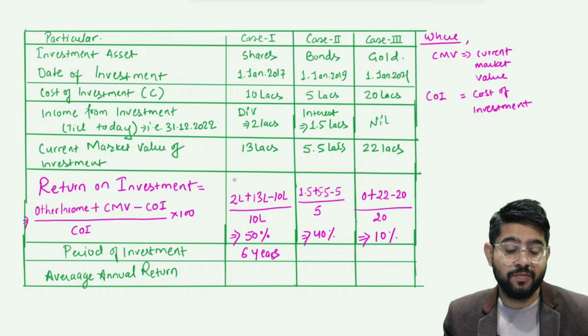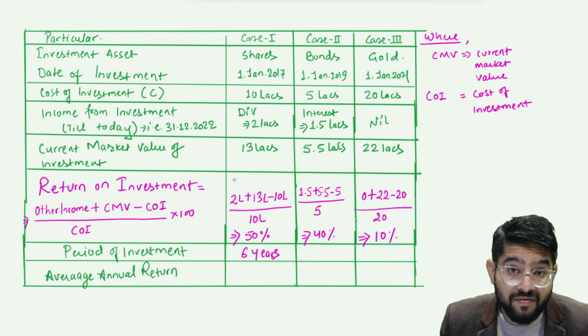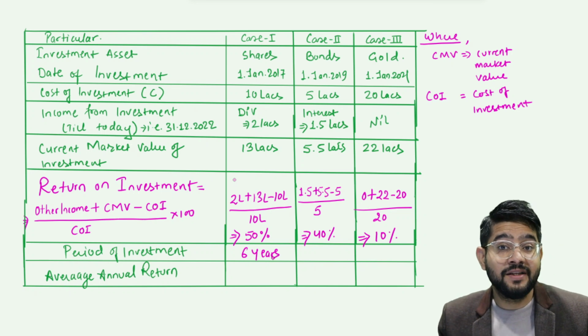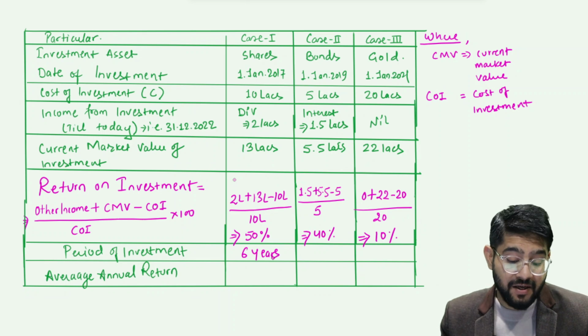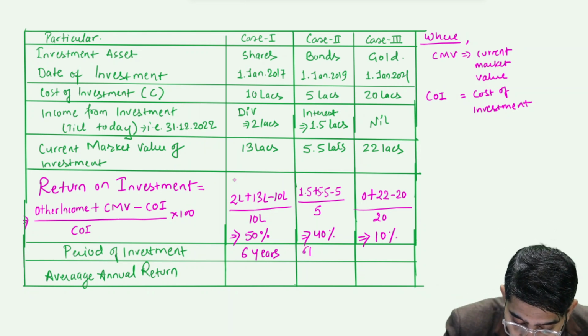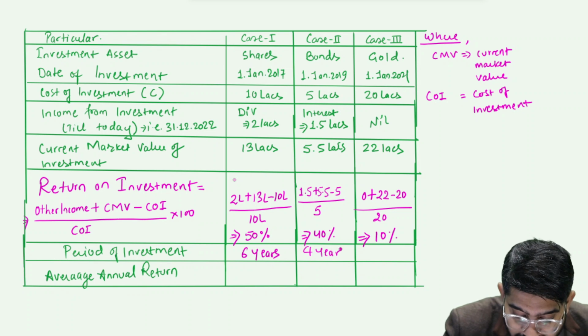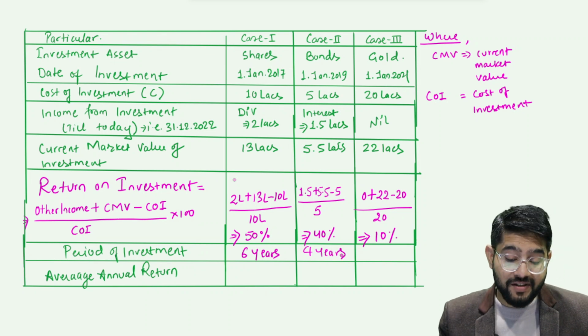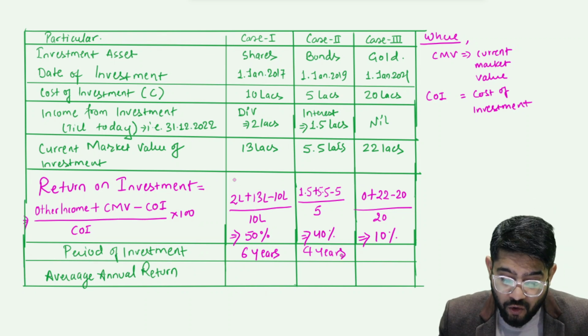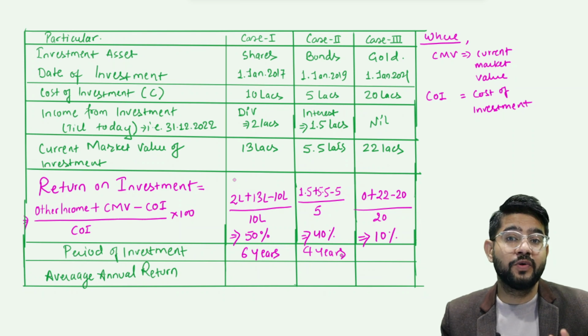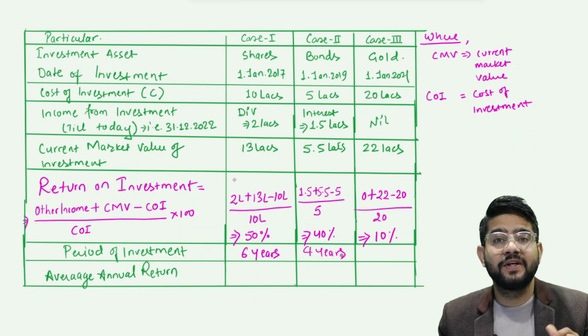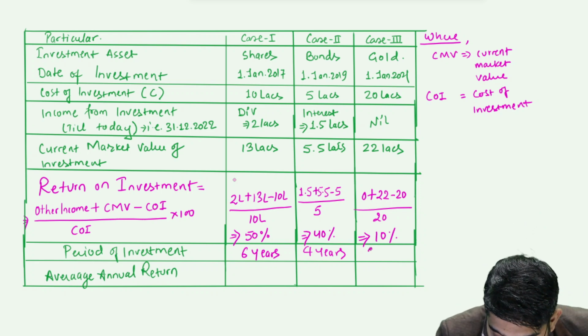Whereas in case of bonds, we have held the investment for 2019 to 2022, that is 4 years. So this return is for 4 years, and in case of gold we have held the investment for 2 years, 2021 and 2022.